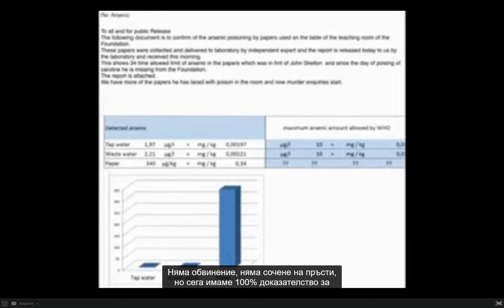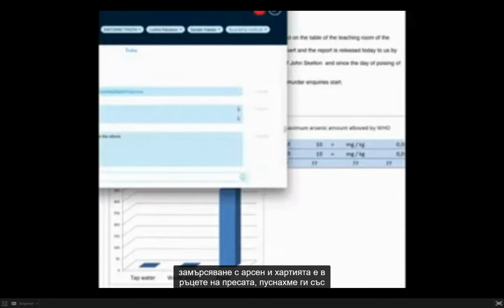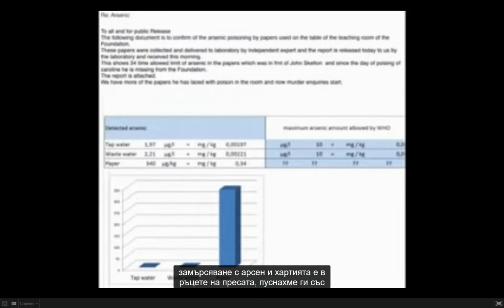There is no accusation, there is no finger pointing, but as now we have 100% proof of arsenic contamination, and the papers are in the hands of the press. We have released it for reasons known. The attempted murder inquiries with the federal police and Interpol have started officially.